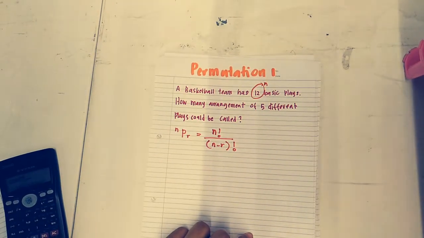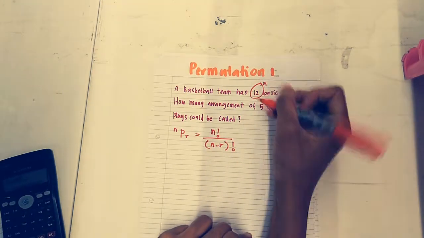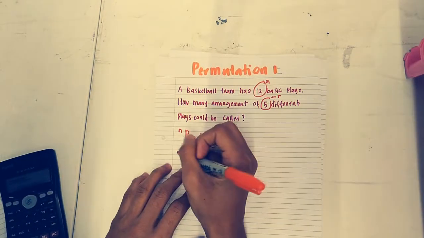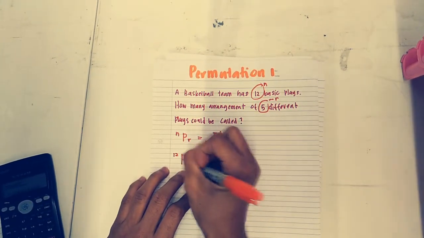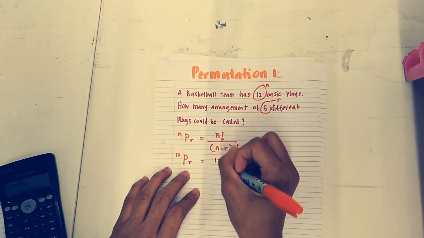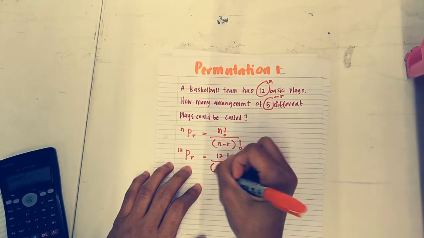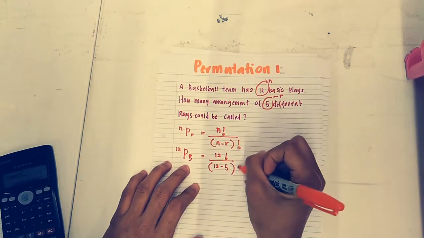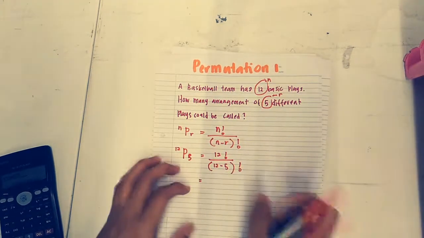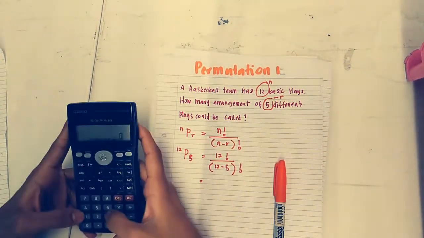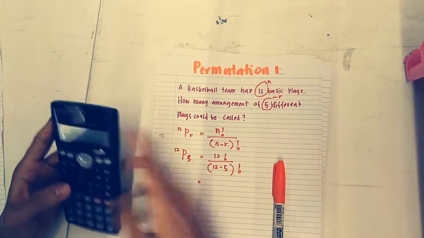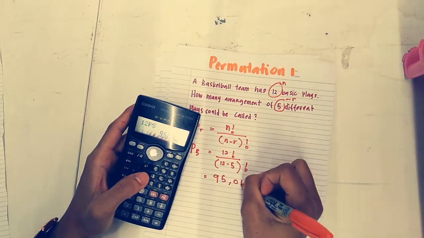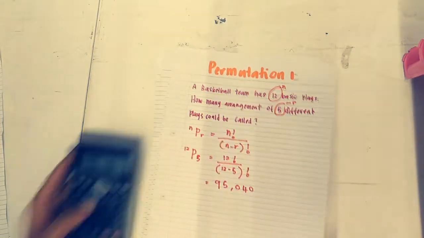How many arrangements of 5 different plays could be called? So 5 is the r. In this question, we use 12P5 equals 12 factorial divided by (12 minus 5) factorial. The answer we can calculate by the calculator, that 12P5 equals 95,040. Is it right?